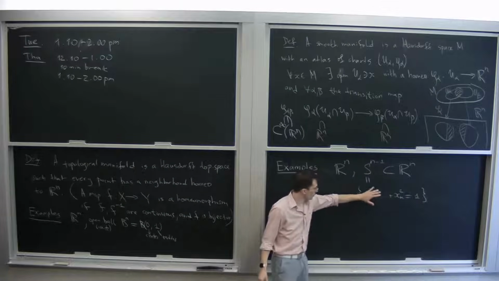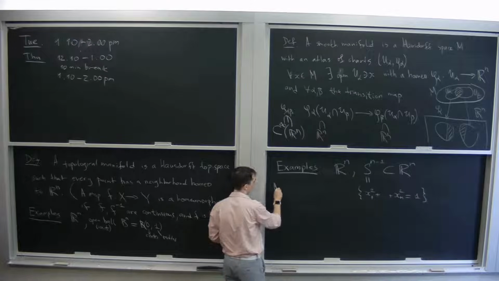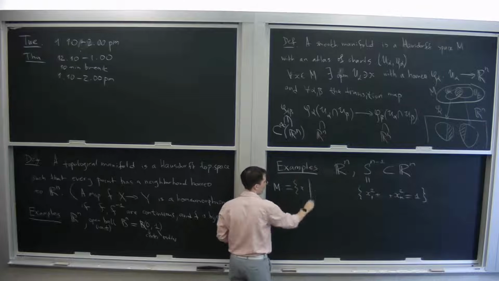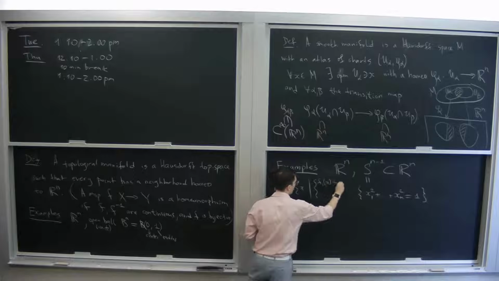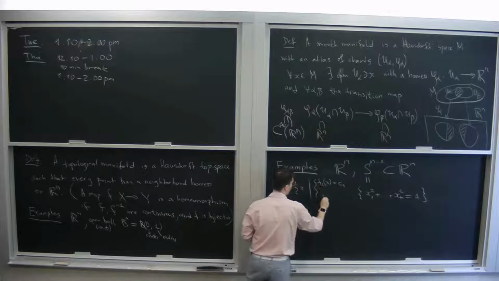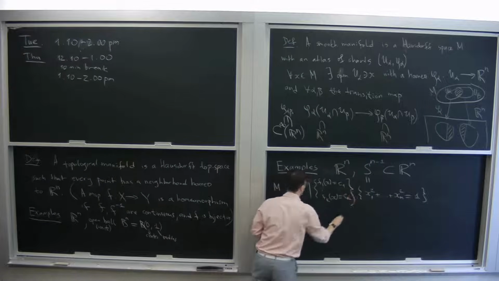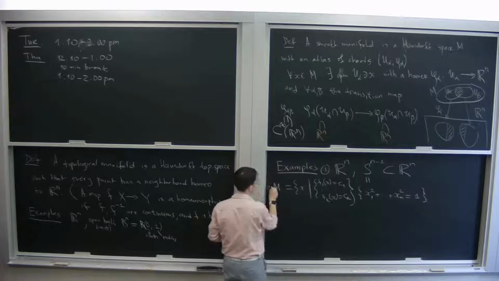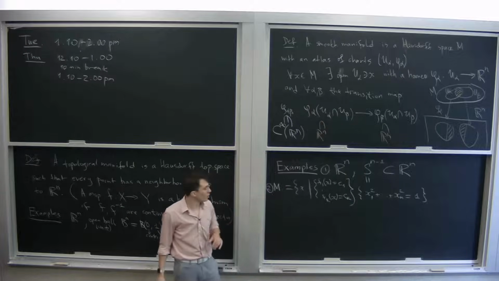More generally, M can be the set of points such that we have some system f1 of x is c1 and so on, fk of x is ck, right? This is a general type of submanifolds in Rn.